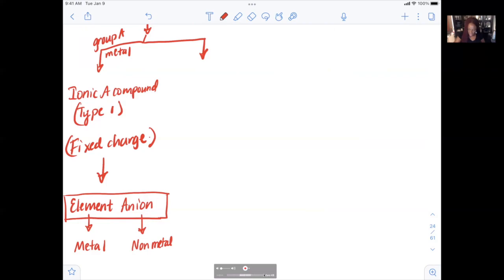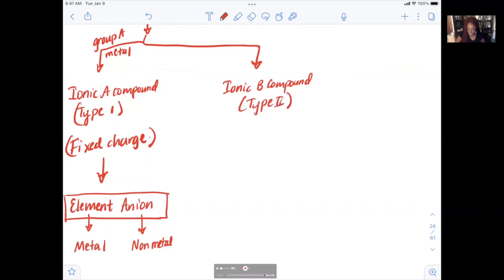Okay, now we're looking at, let me try to make this longer here so I can have room to write. We're looking at ionic B compound. Your book also calls this type 2. And this one here has variable charge.